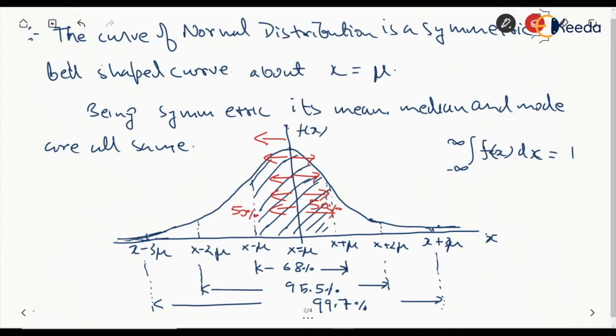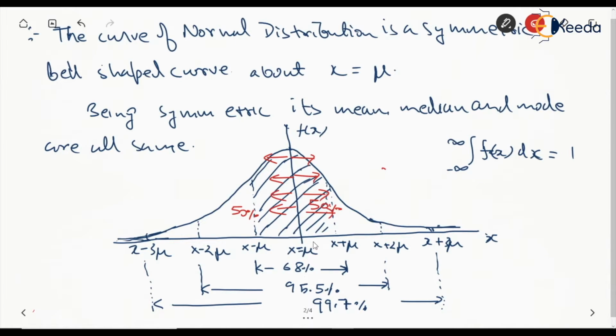Obviously this is not the whole part, I'm just considering the left half, right? So now this left half has the same area as the right half, and we know that overall area is 1. That means this is going to be 50% of 1, which is 0.5, on the left half of the mean, and 0.5 on the right half of the mean.